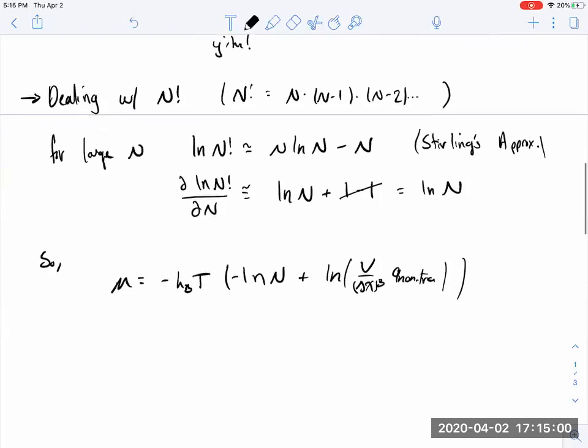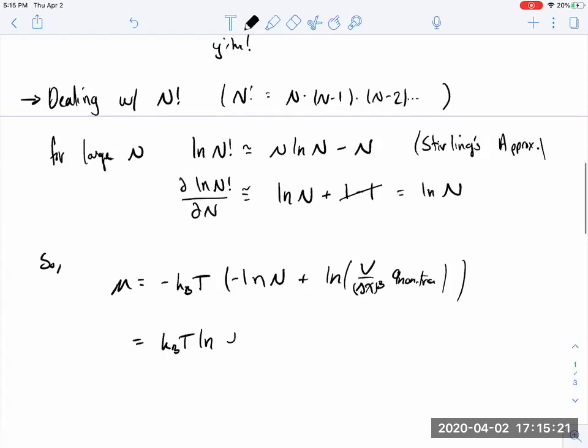Now I can simplify that even more by multiplying through by kBT. I'll have minus log n times the minus, so that's log n minus log V. I can put n over V together and I'll get the density. I can measure that density in some units, delta x cubed.